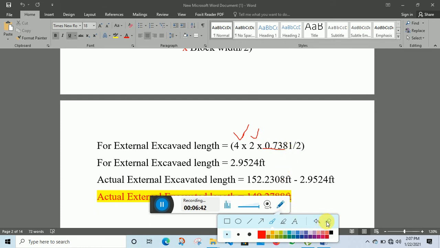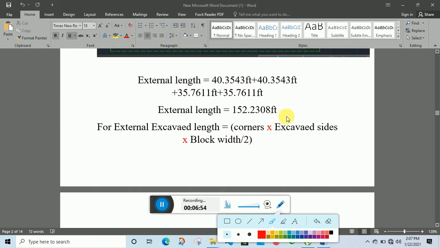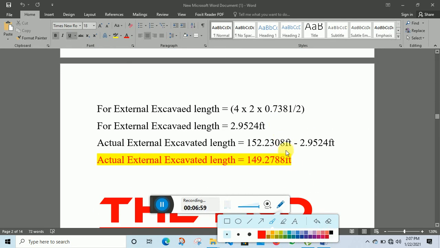We get 2.95524 feet as the external excavated length. Then I subtract this from the actual length, and I will get the actual external excavated length.